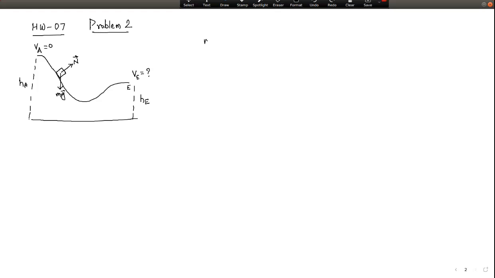So we have mass times acceleration is equal to mg plus the normal force. The work done by the normal force is equal to zero because the normal force is always perpendicular to dr. This is because N dotted with dr at any instant is equal to N times dr times cosine of 90 degrees.